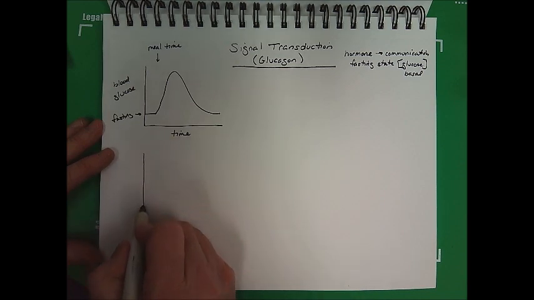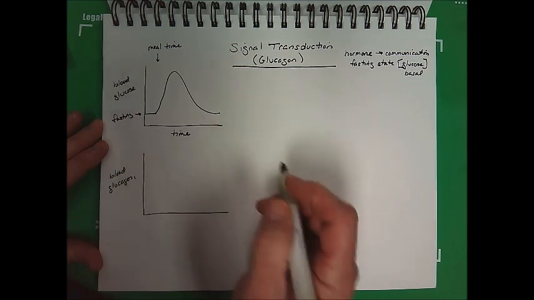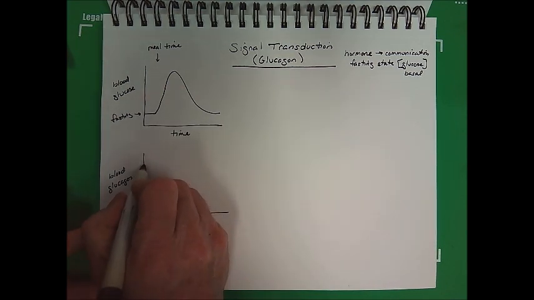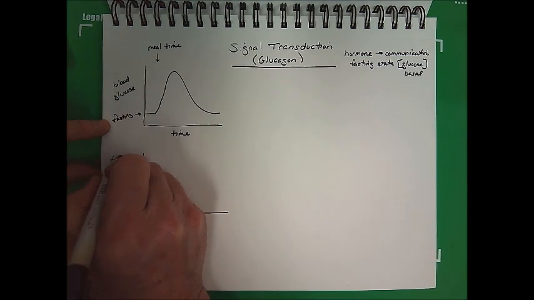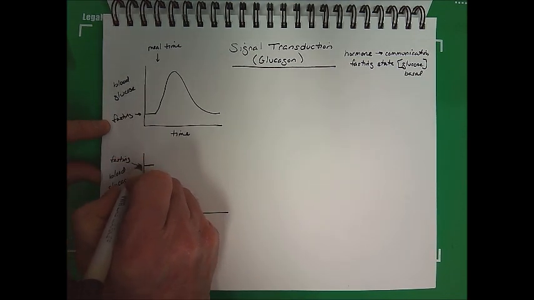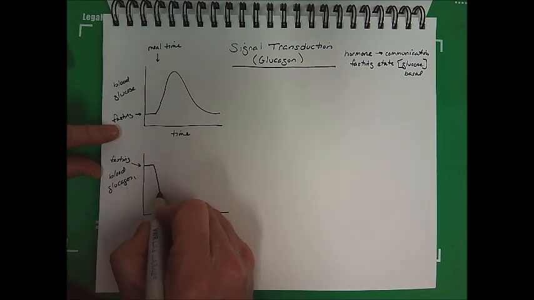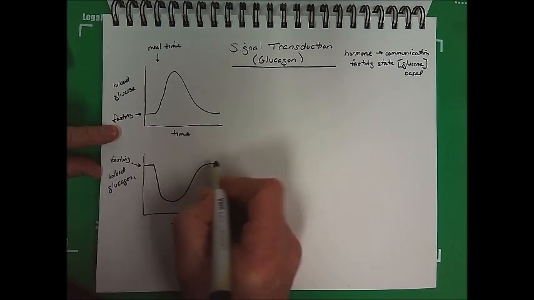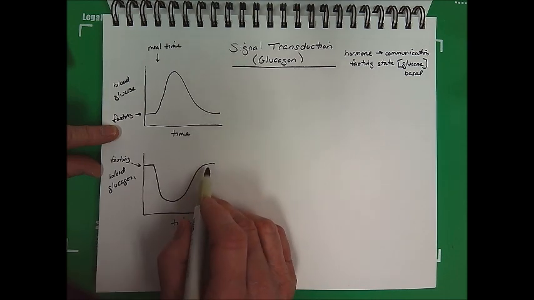Now, if we look at the amount of glucagon in the blood, as we did with insulin over time, what we would see is during the fasting state, there is a relatively high concentration of glucagon. Upon mealtime, this level goes down, and then as our blood glucose levels are restored back to homeostasis, the amount of glucagon increases.